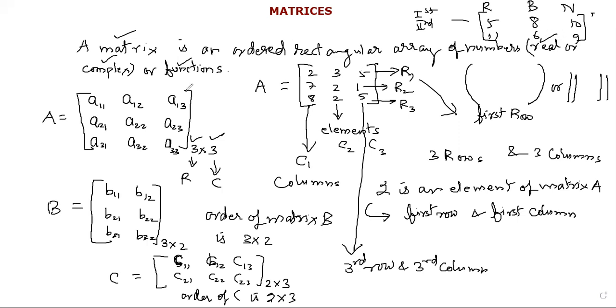So we have seen what elements are, how to represent them, and the order of a matrix. In general representation, we write Aij. If A is a matrix of m rows and n columns, we represent A as a matrix of Aij, where the number of rows is m and the number of columns is n.